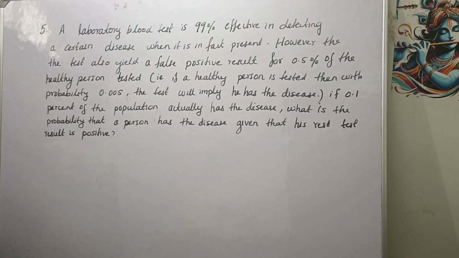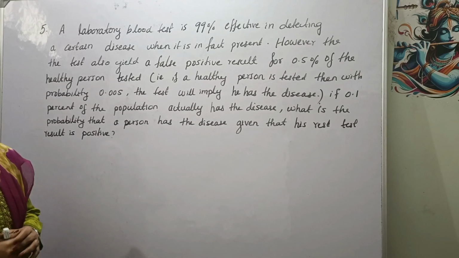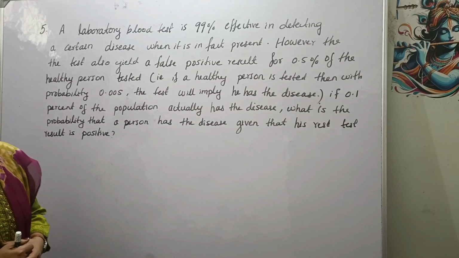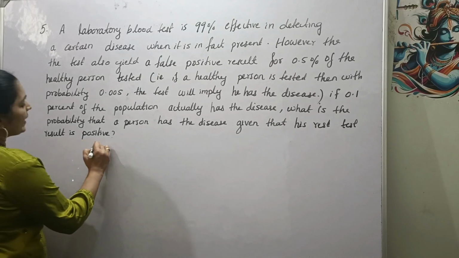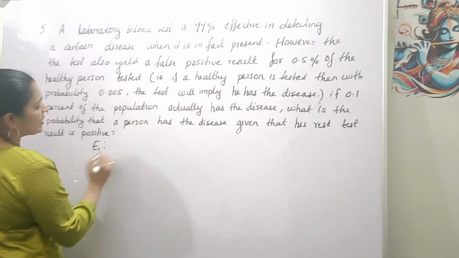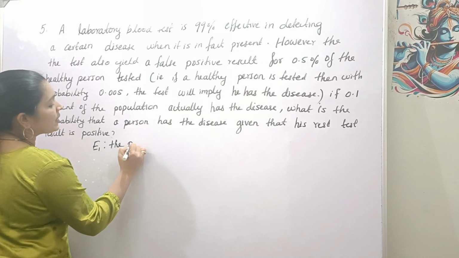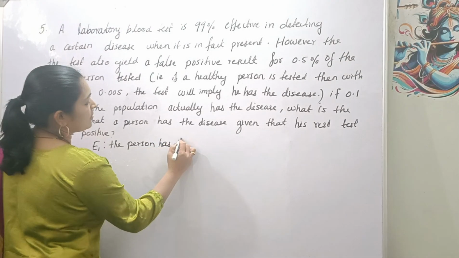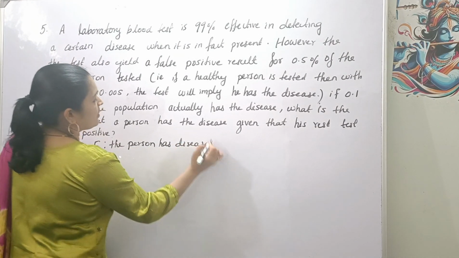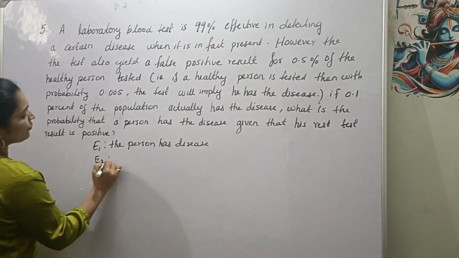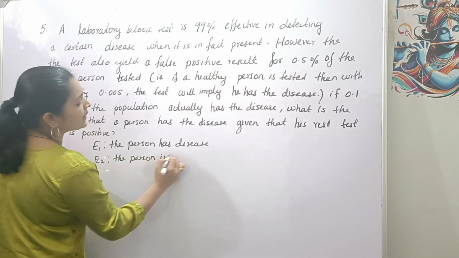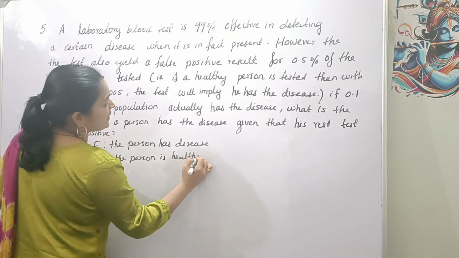Now, here we see two types of persons: one is diseased and the other is healthy. So let E1 be the event that the person has the disease, and E2 be the event that the person is healthy, that is, the person has no disease.